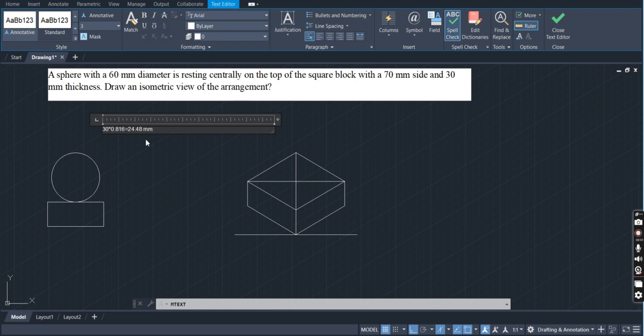So 24.48 is the height of the center of the sphere. Now enter, escape.